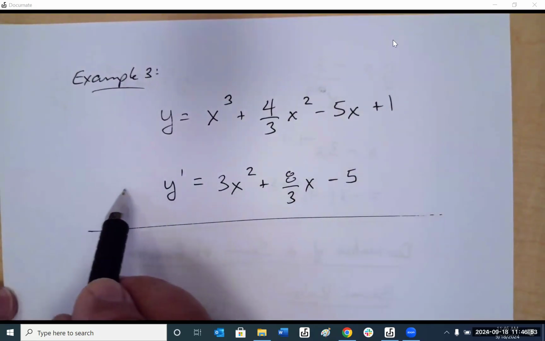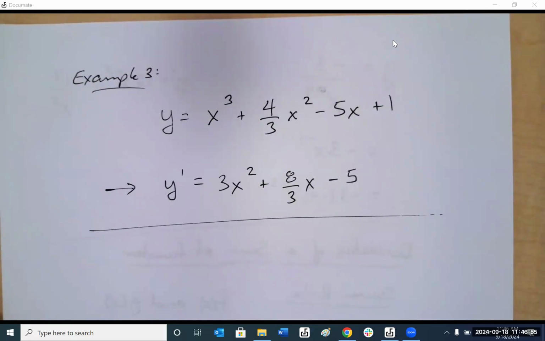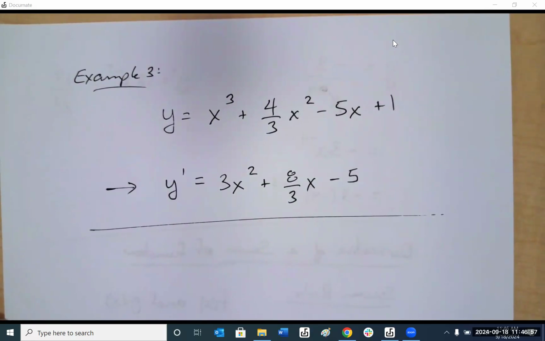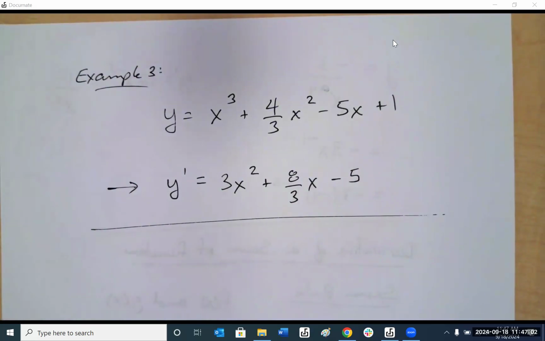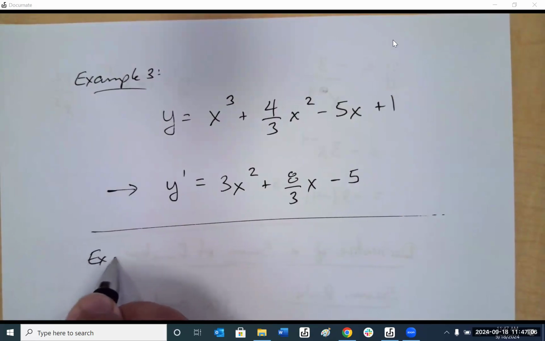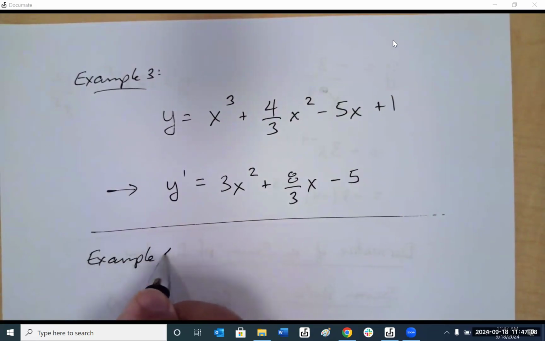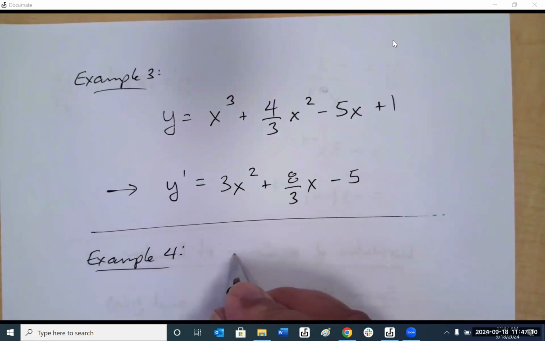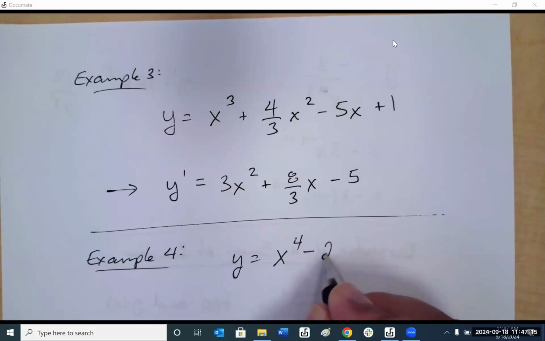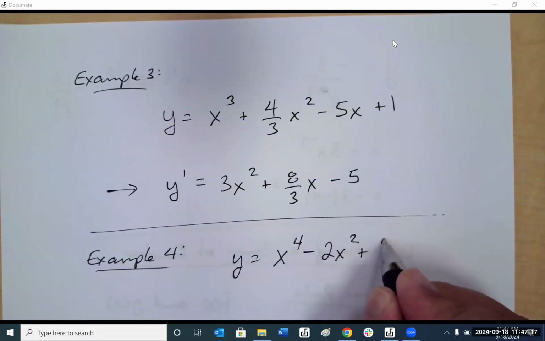So what does this find again? The slope of the line tangent to the curve at a given point. Very good. That's going to help us for the next question. X to the 4th minus 2x squared plus 2.